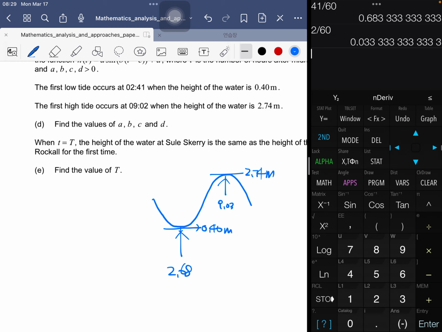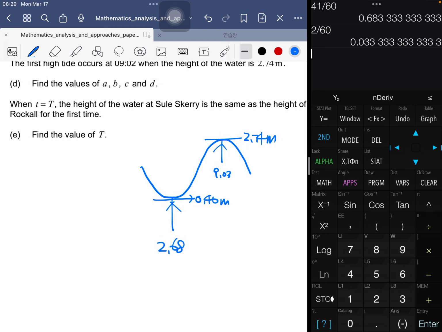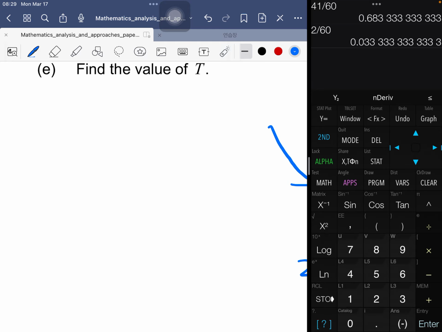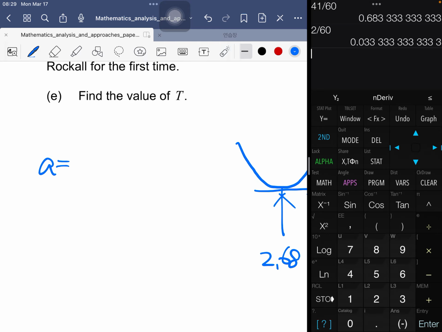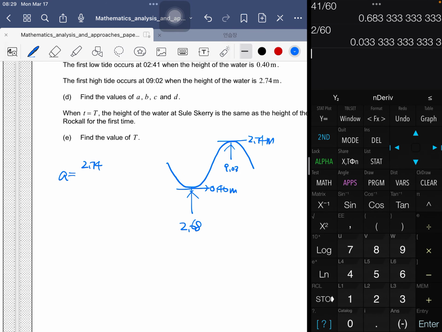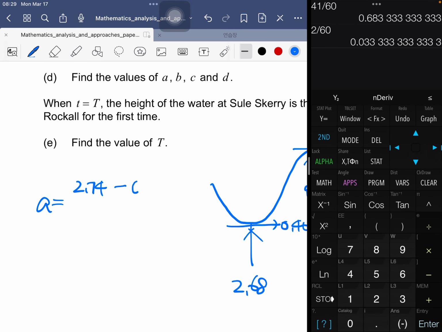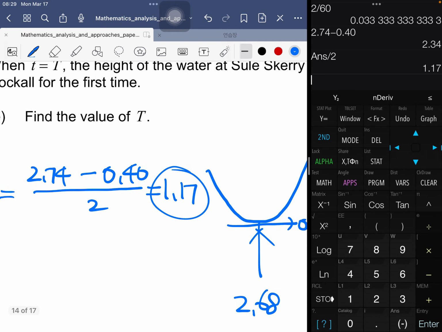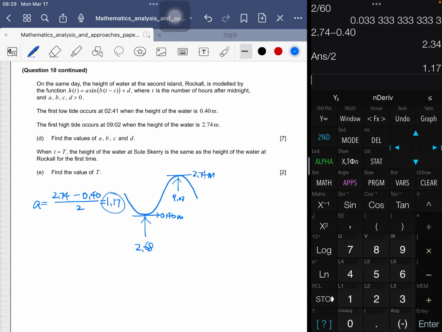So A, in this case, what is A? A is 2.74 minus 0.40, divided by 2. So 2.74 minus 0.40, entered everything divided by 2 is 1.17. 1.17 is the A value. And the D value, let's see.